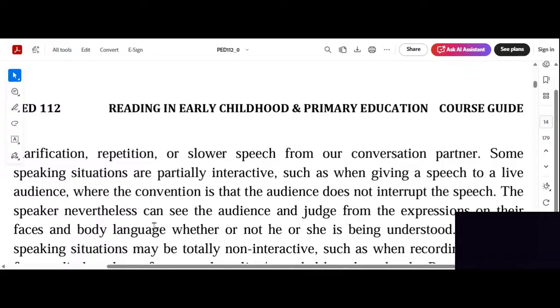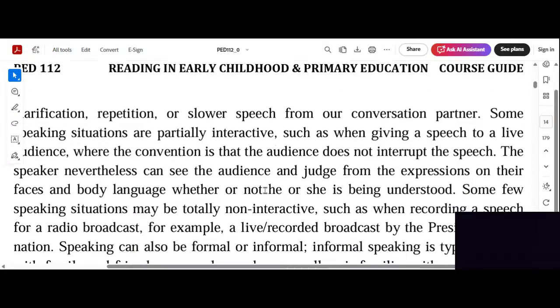The speaker nevertheless can see the audience and judge from the expressions on their faces and body language whether or not he or she is being understood. We have verbal cues and non-verbal cues, and non-verbal cues even speak louder than the verbal cues. The reaction of people towards something speaks far louder than what people say out of their mouth about something.